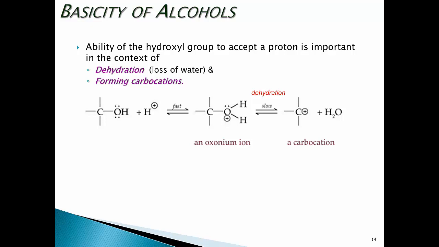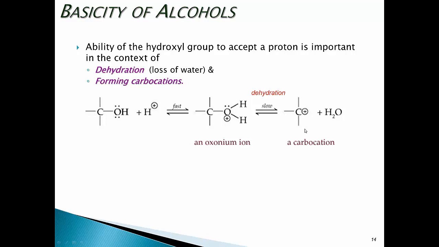Because it's now an oxonium ion, it's a fantastic leaving group. That water wants to dissociate and become water and get rid of that positive charge. So it produces a dehydration reaction, where we get water being produced, and we get the carbocation being produced.